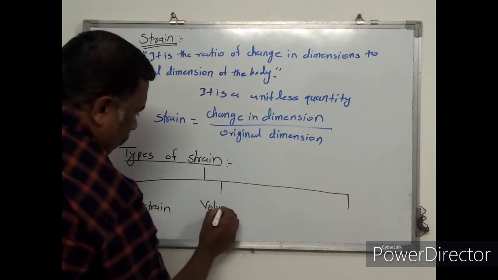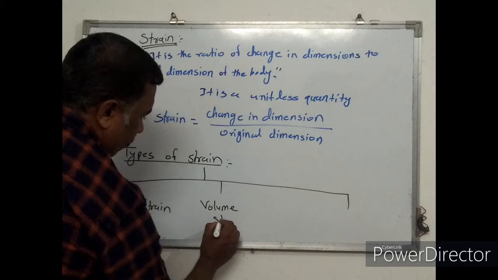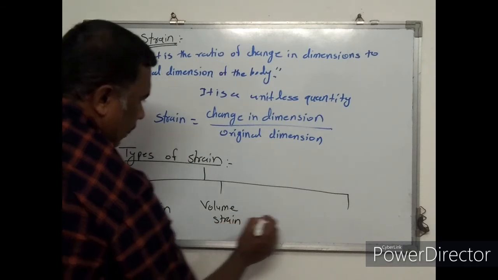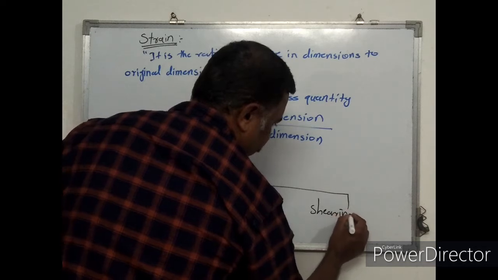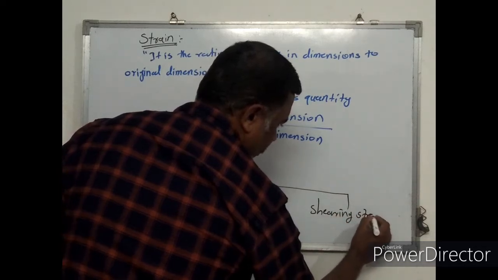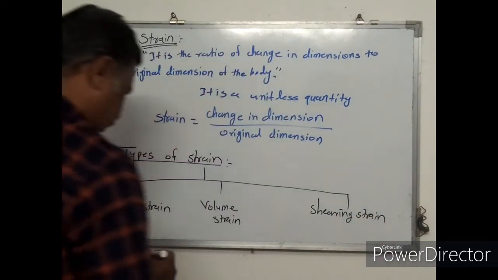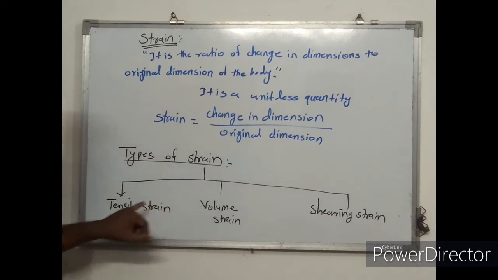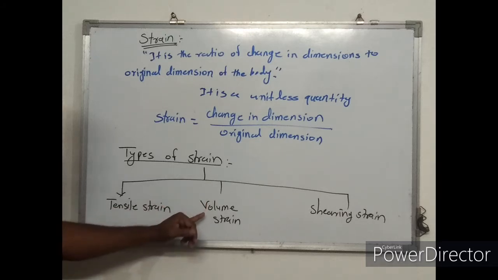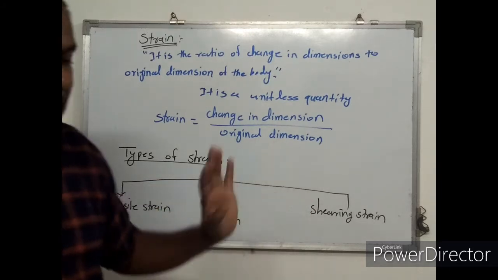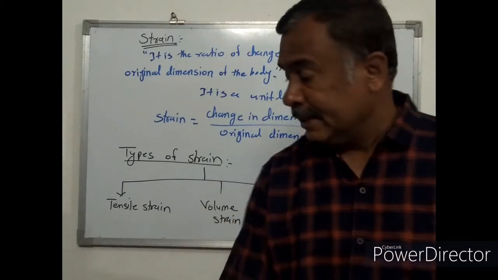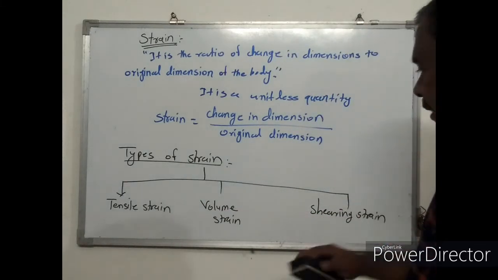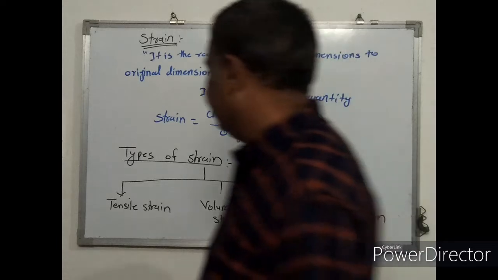First one is longitudinal strain or tensile strain, second one is volume strain, and third one is shearing strain. Now we can study these 3 types in detail.